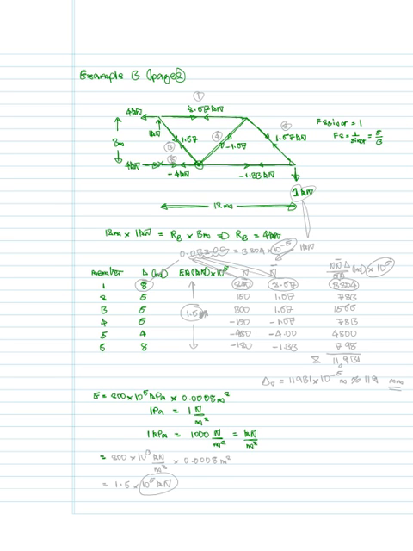So we've got E equals 200 times 10 to the 3 kilonewtons per meter squared multiplied by 0.0008 meters squared, and that would work out to be 1.6 times 10 to the 5 kilonewtons.